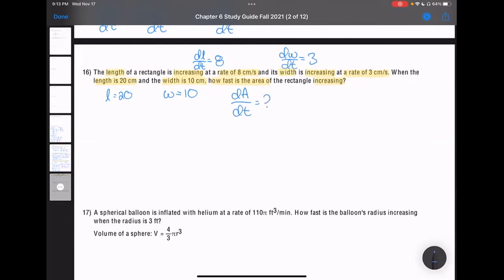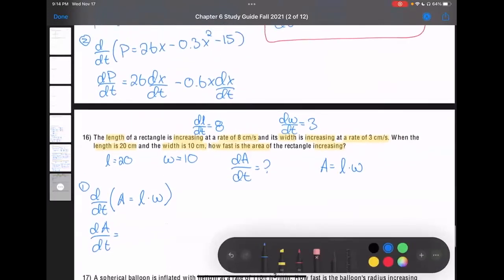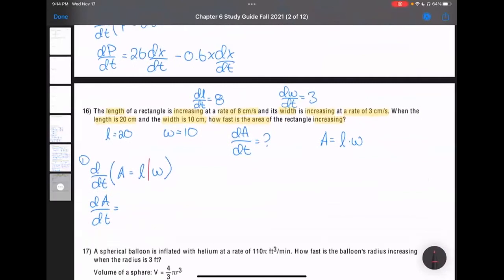All right, so we need to think, well, how do we find the area of a rectangle? The area of a rectangle is length times width. So from there, we can find the derivative with respect to time of area equals length times width, which will give us dA/dt equals, so this we can see is a product rule function.